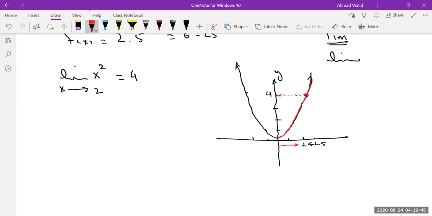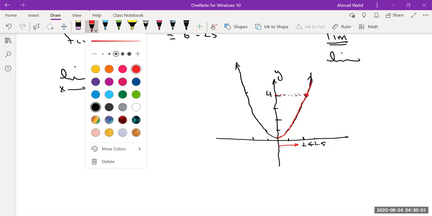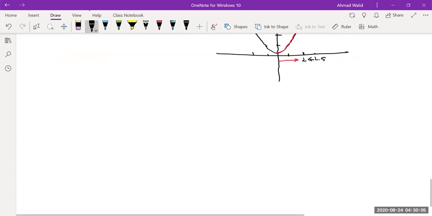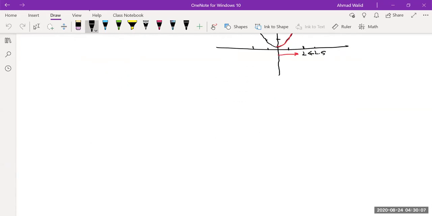This is the idea of the limit. When a point is approaching another value, what is the behavior or the value of the function? This idea, we call it limits. Now, some notes. In general, let me write in general.